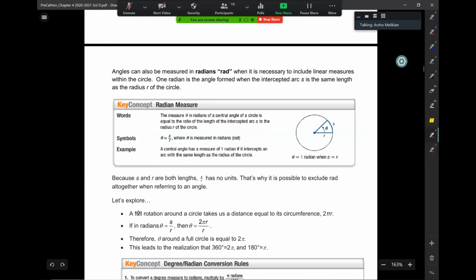Let's talk about radian for a minute. Radian is the second unit of measurement for angles. Just like we measure temperature in Fahrenheit and Celsius, same thing. Angles are measured in degrees and radian, and there is a very clear conversion between the two of them.